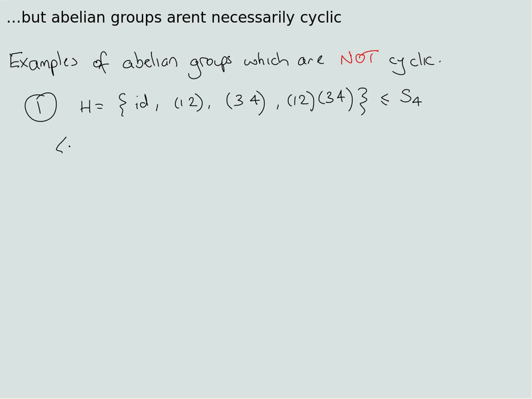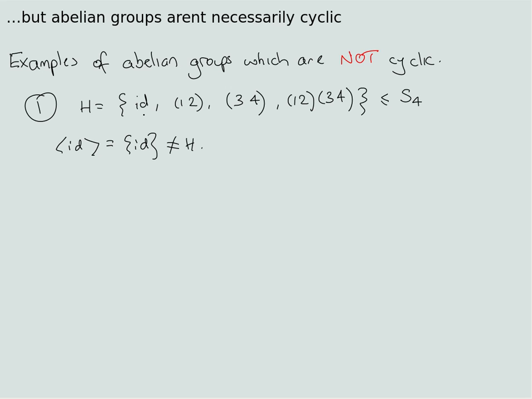If I look at the cyclic subgroup generated by the identity, powers of the identity only give me the identity. So this is equal to just the identity, and that's not all of H. So the identity is not a generator.